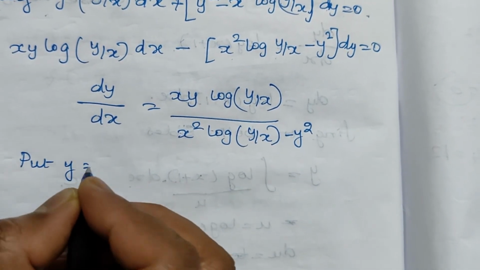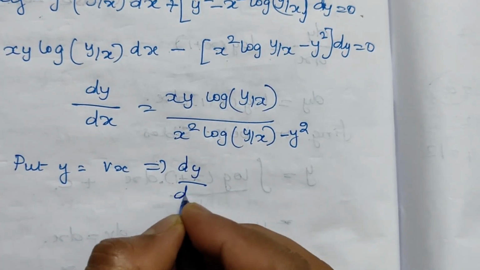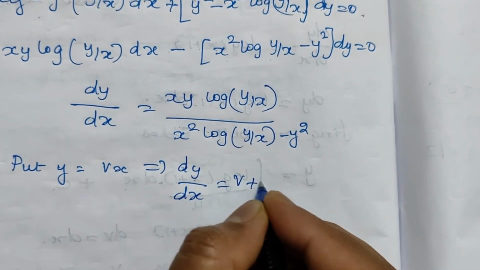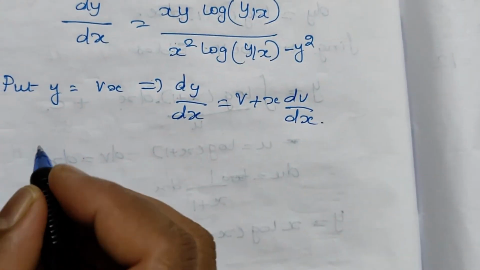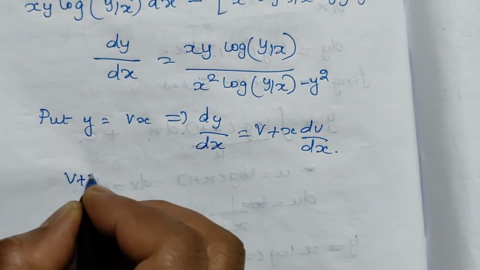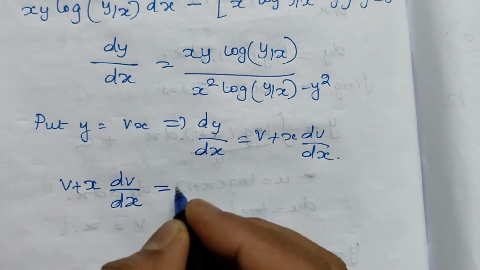Put y = vx, which implies dy/dx = v + x dv/dx. So v + x dv/dx = x·vx·log(vx/x) divided by x² log(vx/x) − v²x².